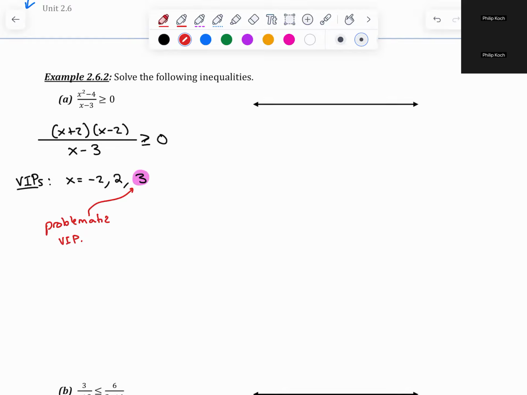Now that we've found the VIPs, we'll set up our sign chart. And so setting it up in order, -2, +2, and 3, and I'm going to highlight the 3. Or underline it, or box it, or I've had students do all types of things in the past.